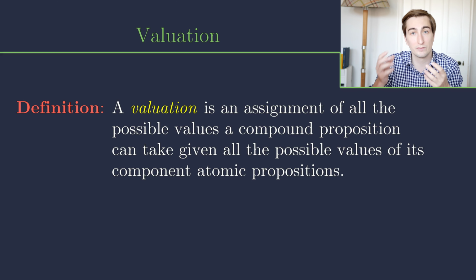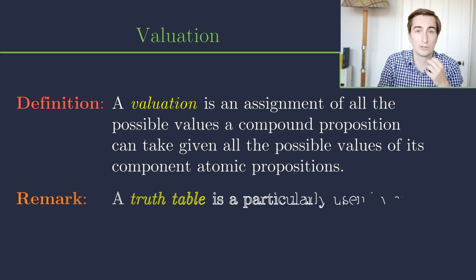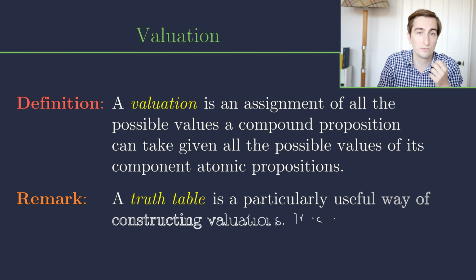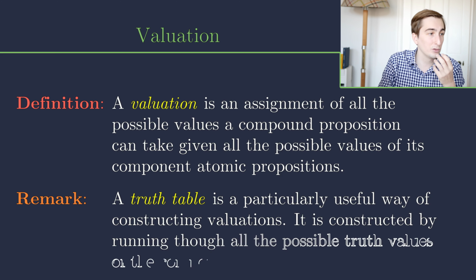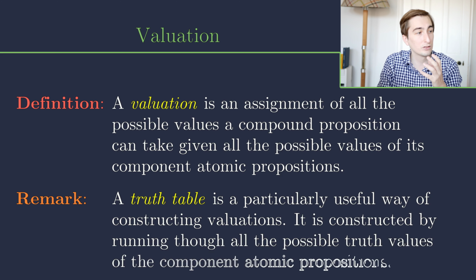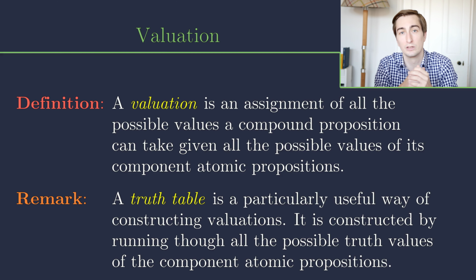It might seem like this is a very algorithmic way of doing things, and therefore we might want a table. So now we introduce something called a truth table, which is a particularly useful way of constructing valuations. It's simply a table constructed by running through all the possible truth values of the component atomic propositions.